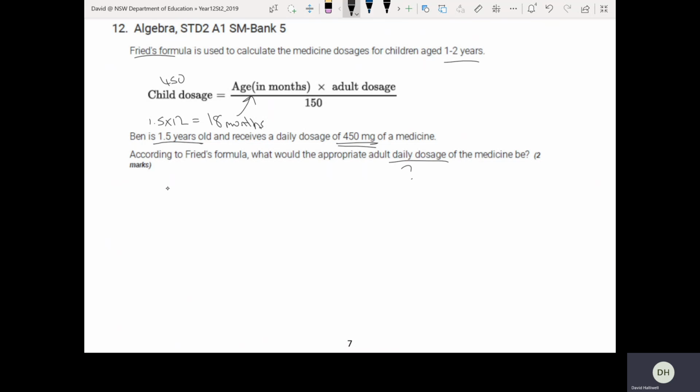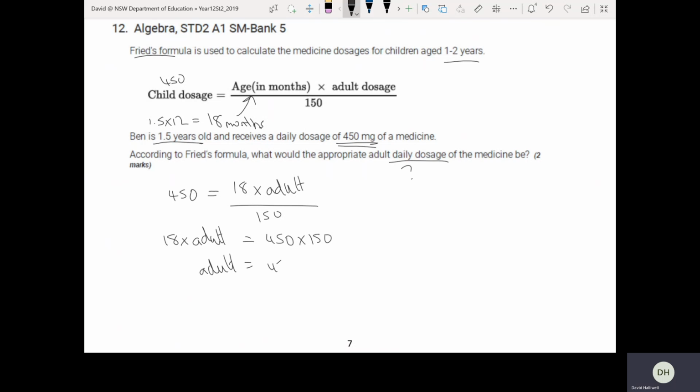So let's substitute in. So 450 equals 18 times adult over 150. Times both sides of the equation by 150. So we get 450 times 150. And I'm going to go straight to dividing by 18.